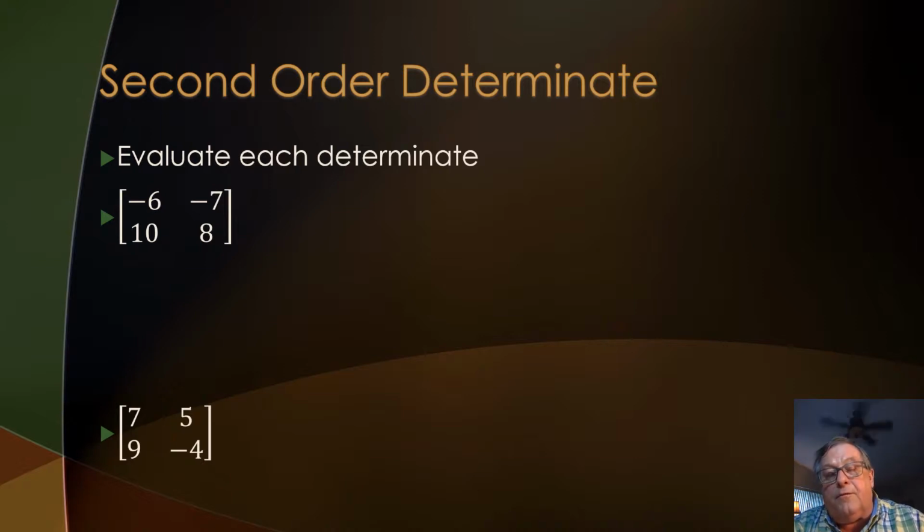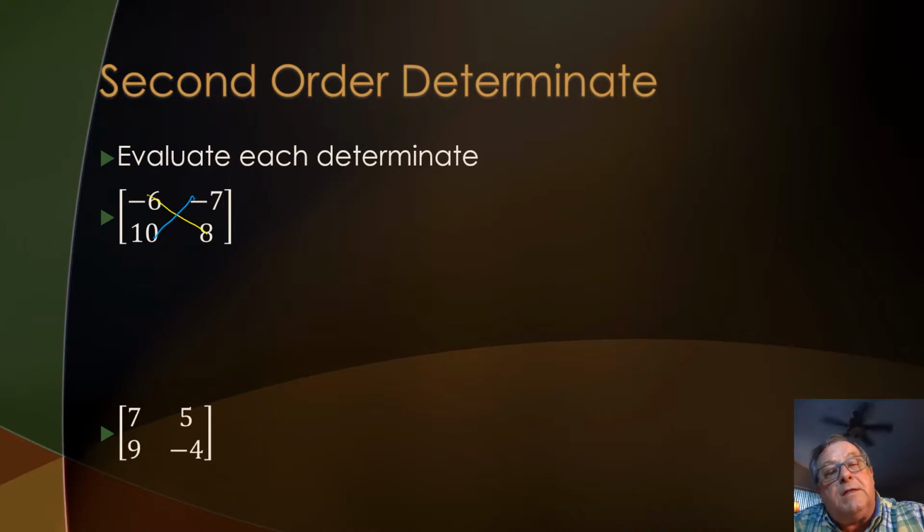So if we're going to find the determinant by the diagonals, I'm going to multiply -6 times 8, and then subtract from that the product of -7 times 10.